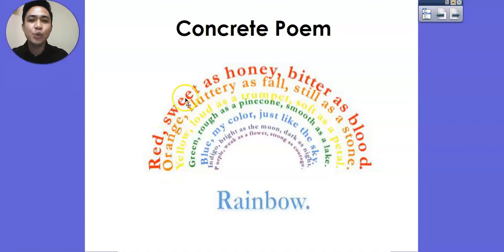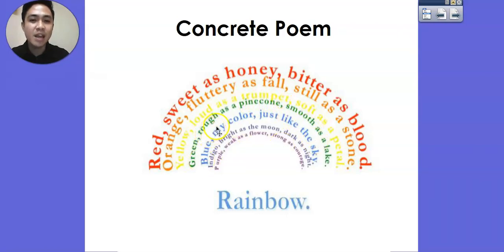Red, sweet as honey, bitter as blood. Orange, fluttery as fall, still as a stone. Yellow, loud as a trumpet, soft as a petal. Green, rough as a pine cone, smooth as a lake.